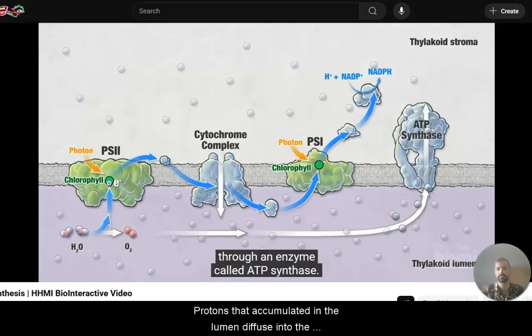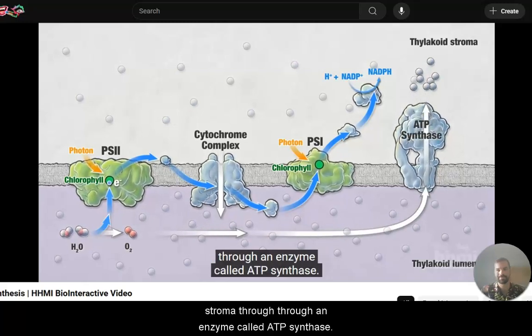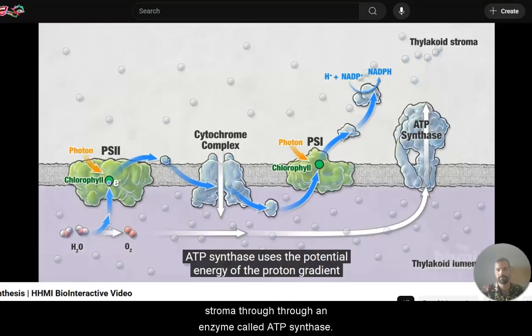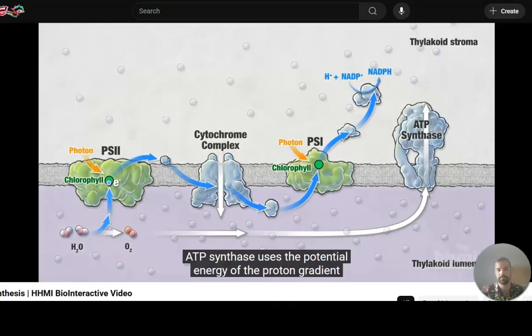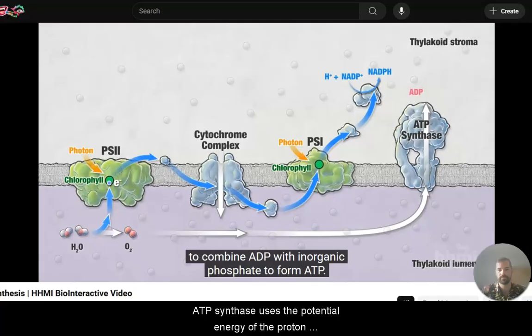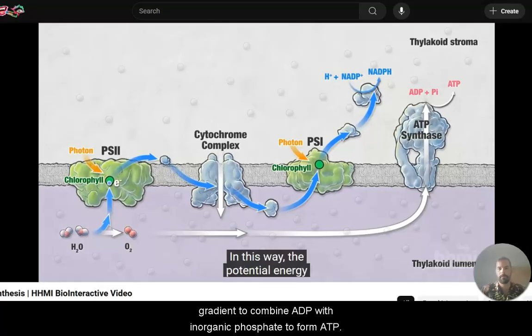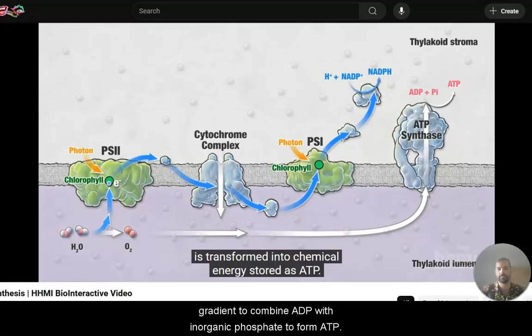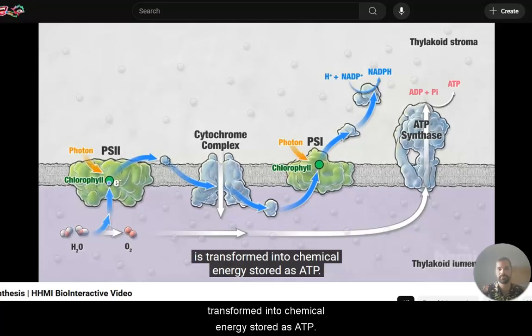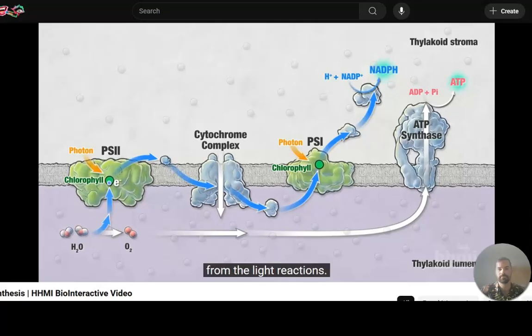Protons that accumulated in the lumen diffuse into the stroma through an enzyme called ATP synthase. ATP synthase uses the potential energy of the proton gradient to combine ADP with inorganic phosphate to form ATP. In this way, the potential energy is transformed into chemical energy stored as ATP.